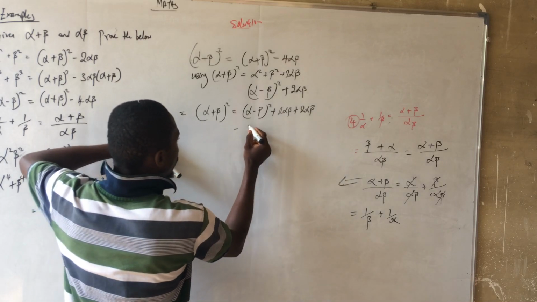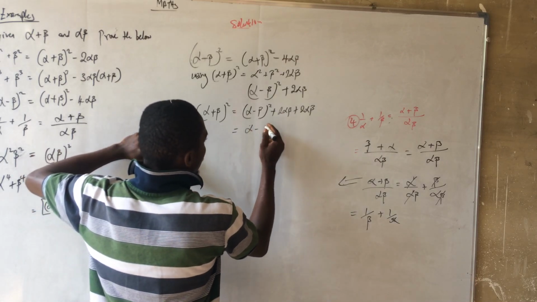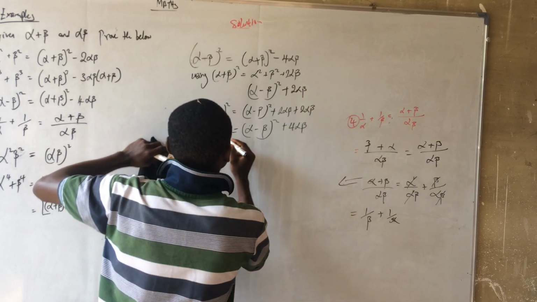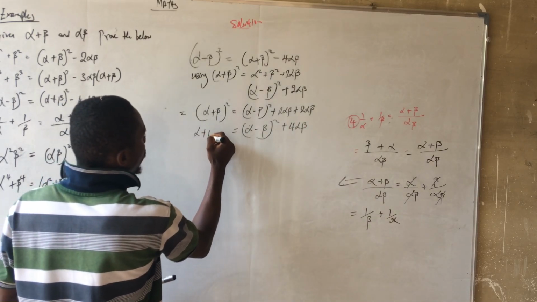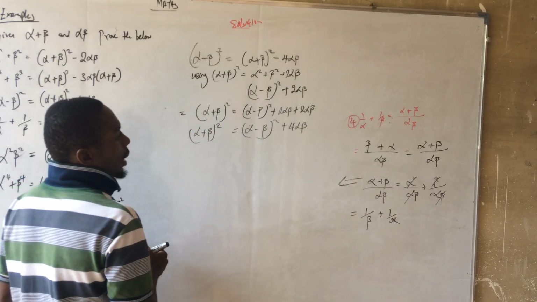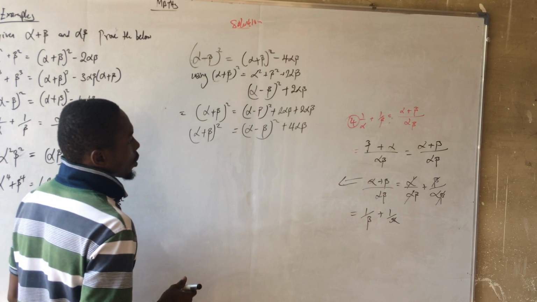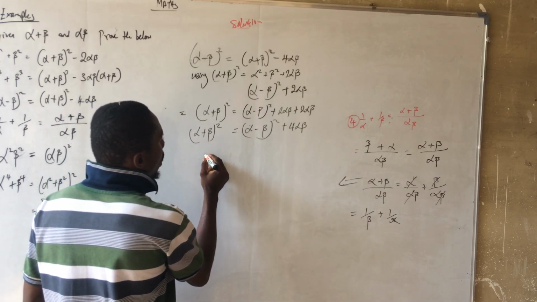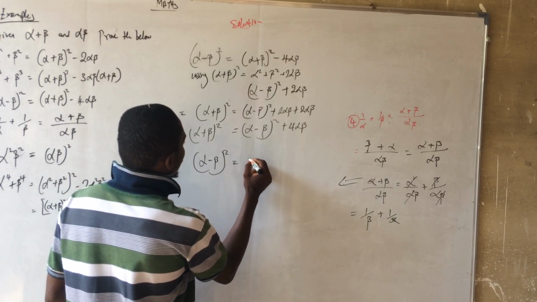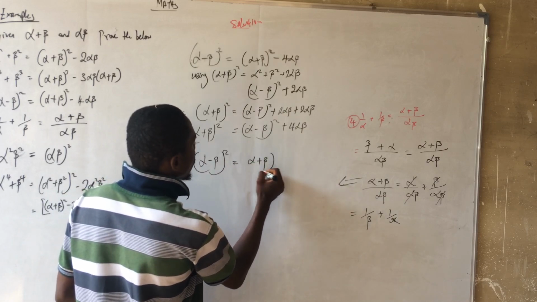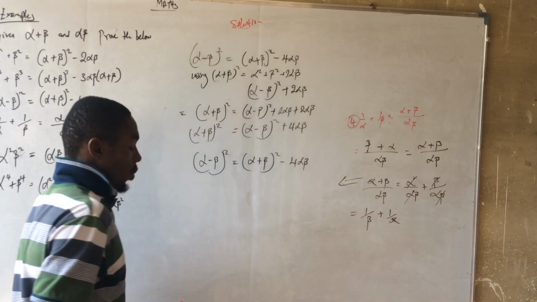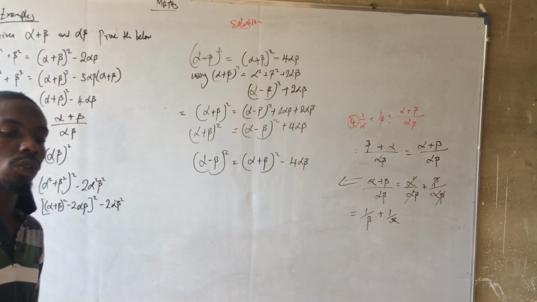So now this is going to give us alpha minus beta all squared plus 4 alpha beta to be equal to what? Alpha plus beta all squared. So now we add the negative of this 4 alpha beta to both sides. So now this is going to give us alpha minus beta all squared is equal to alpha plus beta all squared minus 4 alpha beta. So you can use the two methods to prove it.